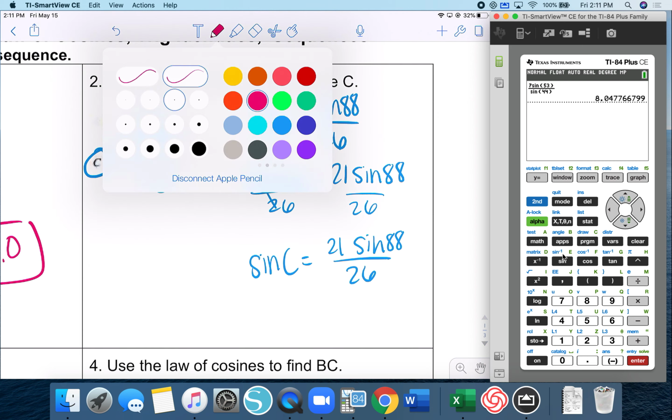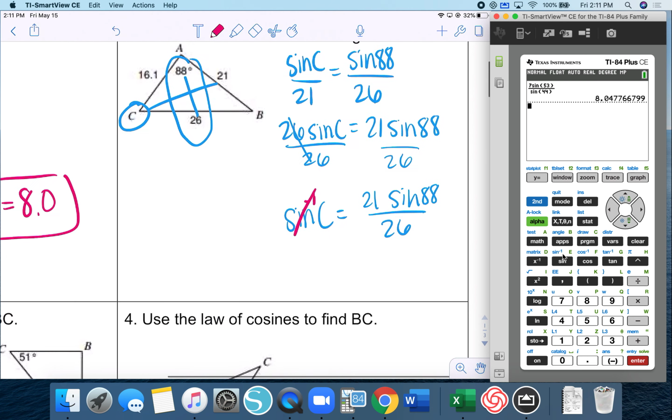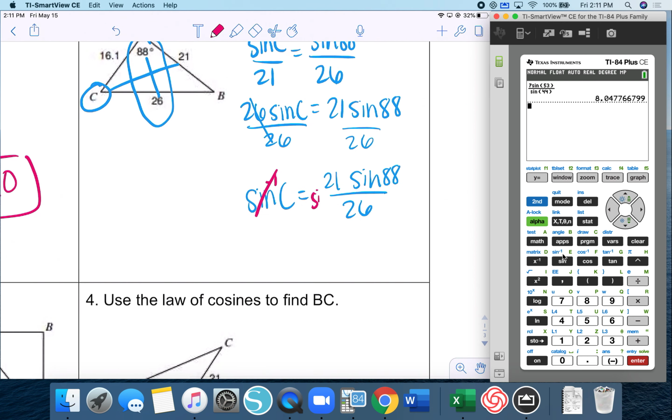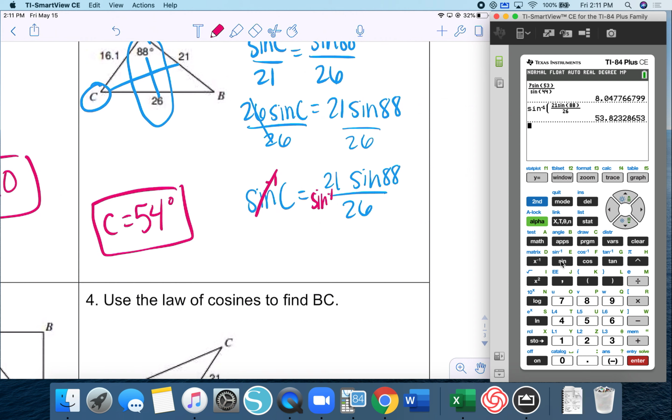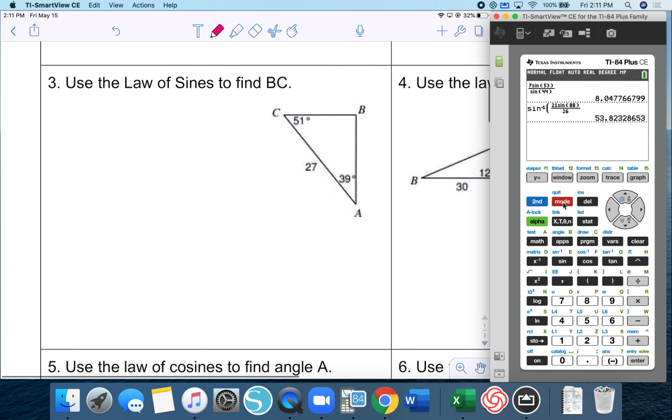But then remember, I have to get rid of this sine by doing sine inverse of all of this. So in my calculator, I would have 21 sine 88 over 26. And for C, I get about 54 degrees. Also make sure if you are using a graphing calculator that you have your degree mode on.